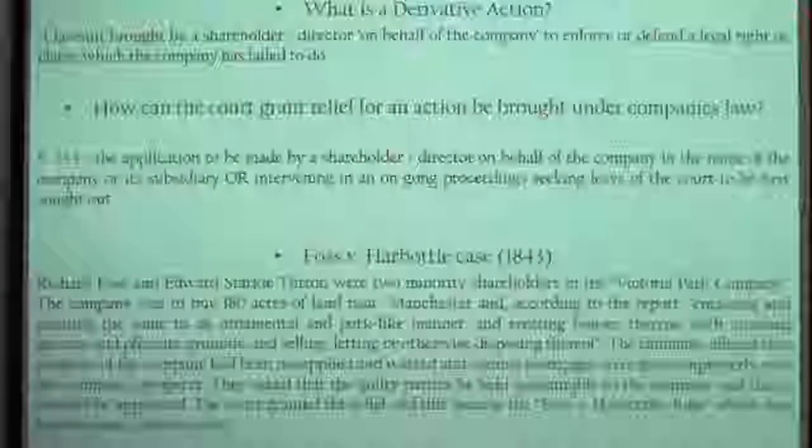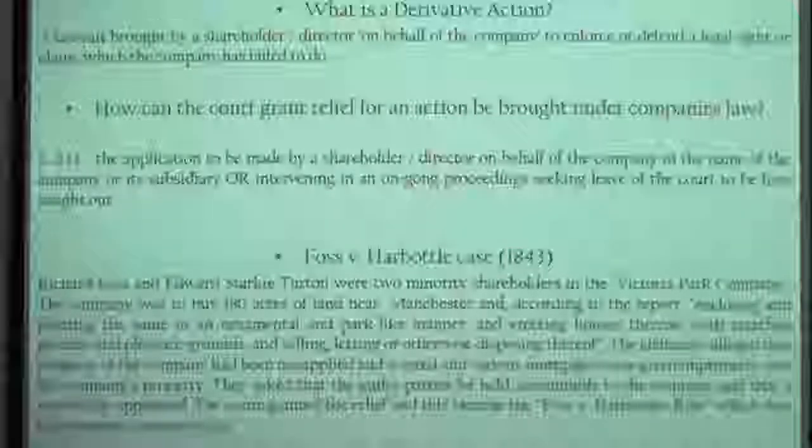So, there is a clear demarcation between the action of oppression and mismanagement and a derivative action.